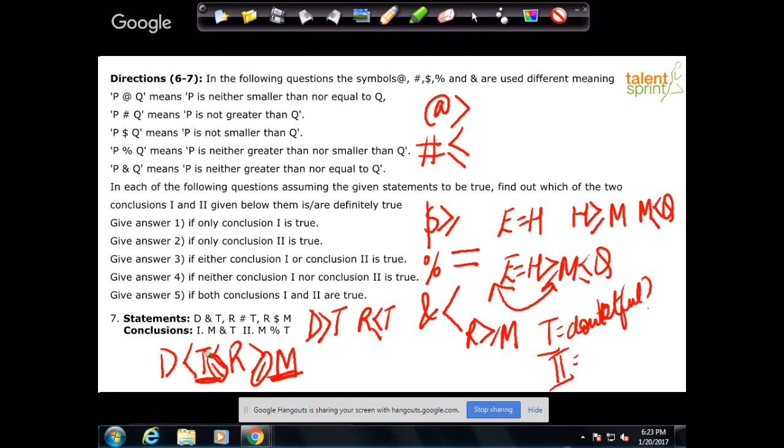So therefore, in this case, we know that at the same time, both of them cannot be true. Therefore, only one of them will be true. Therefore, the answer is 3. Either 1 or 2 would be true.